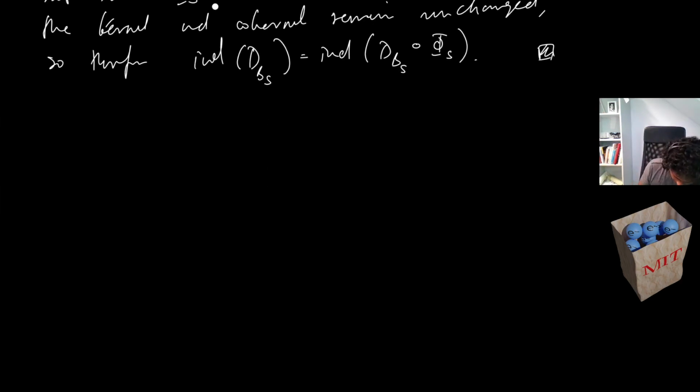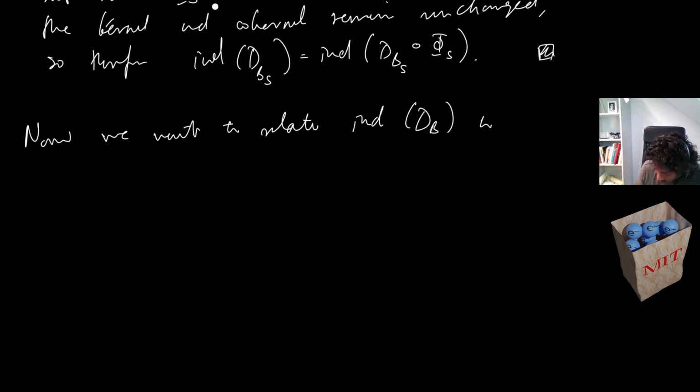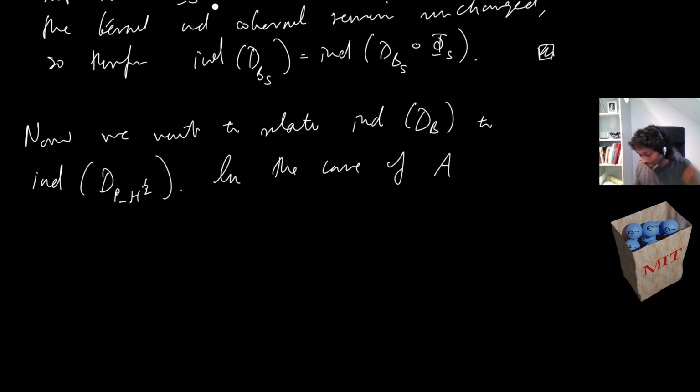So now we want to relate the index of D_B to the index of D_{P minus H a half}, in the case of a bisectorial invertible operator.